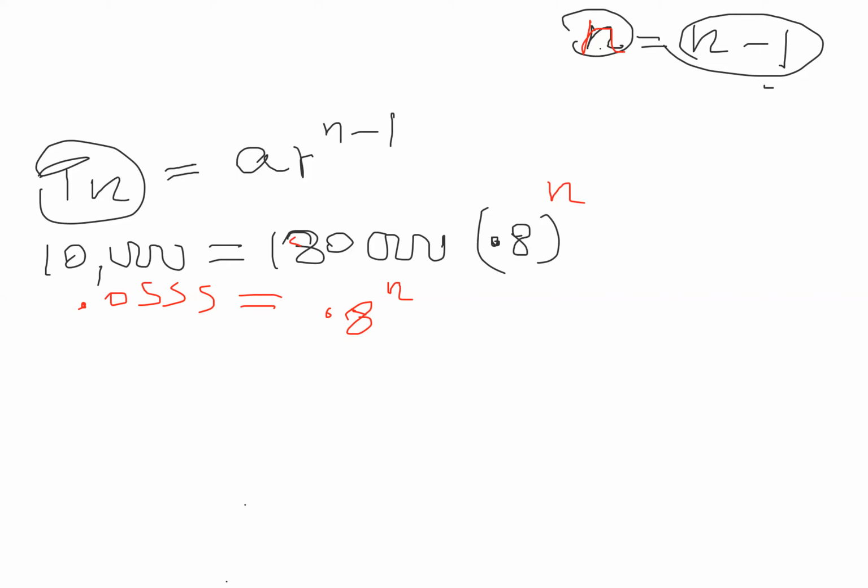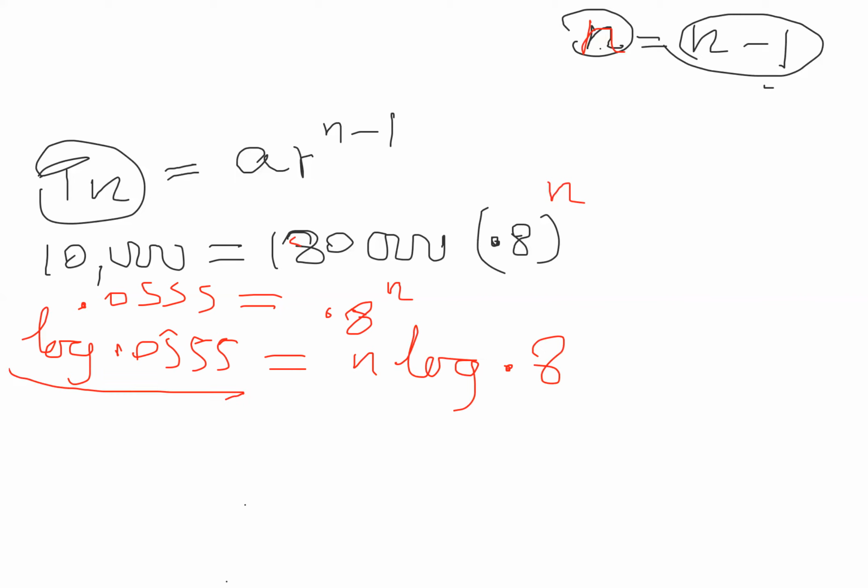It's better to use the calculator for the log value. When we take the log on this side and also on the other side, that means n times log 0.8. So then I will take the log value from my calculator, right?